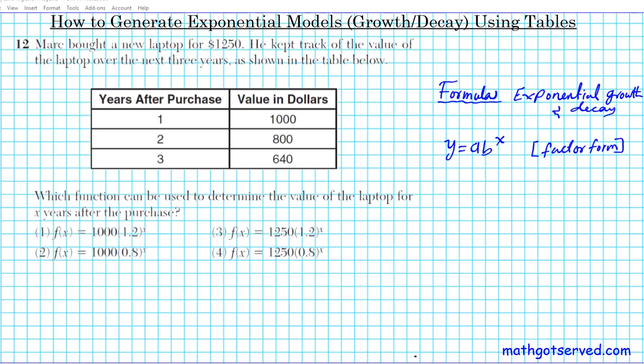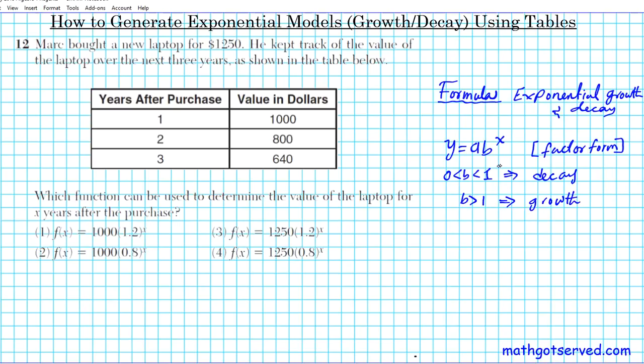So which is which? If b were between 0 and 1, so if 0 is less than b and less than 1, in that case we're going to have a decay model. And then if b were greater than 1, in that case we're going to have a growth model.